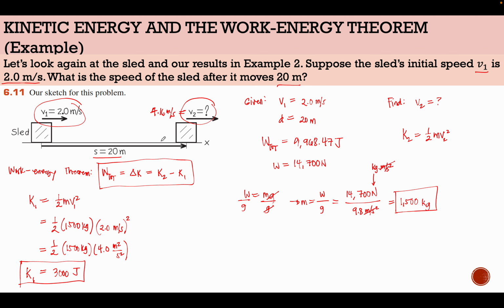So that is our final speed of the sled after it moves 20 meters, by using the formula for the work energy theorem. So that is our example, in continuation with example number 2, in which we relate the equation for the work energy theorem.